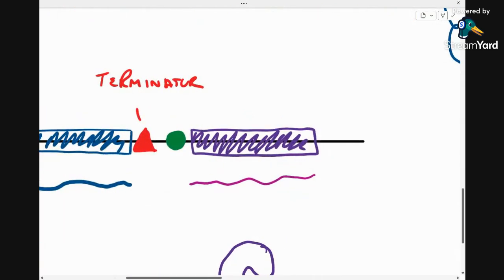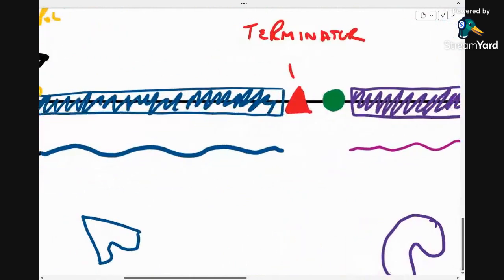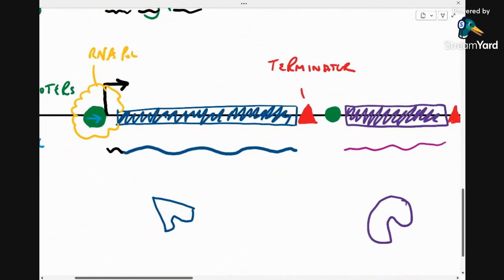And of course, there'll be one at the end of gene 2 as well. And again, this contains information that when the RNA polymerase reaches here, after it's transcribed our mRNA, the terminator sequence, through mechanisms you don't need to know, tells the RNA polymerase to fall off the DNA duplex and dissociate from it, releasing it into the nucleus.